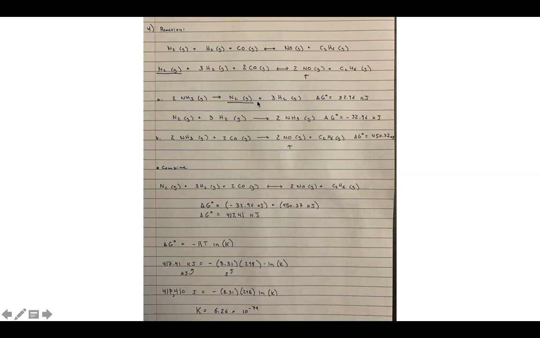So I want to flip that first sub-reaction so that nitrogen gas reacts with hydrogen gas to produce ammonia. Remember that when we flip an equation, products become reactants and reactants become products, and all we have to do to the delta G naught is change the sign. So my new delta G naught value for this first sub-reaction should be negative 32.96 kilojoules.